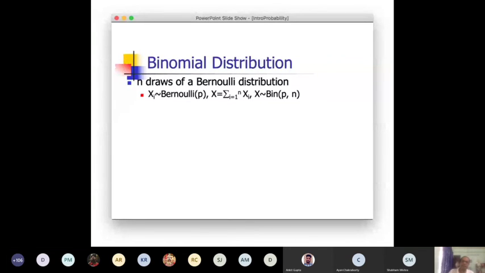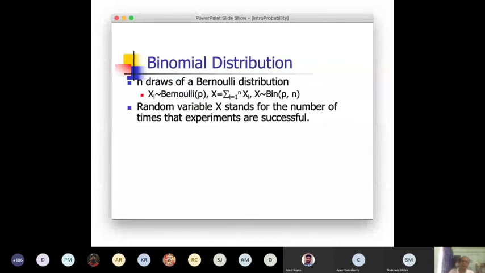In fact, you can very easily show, using combinatorics, that this distribution is once again a discrete distribution, because how many values can this random variable have?